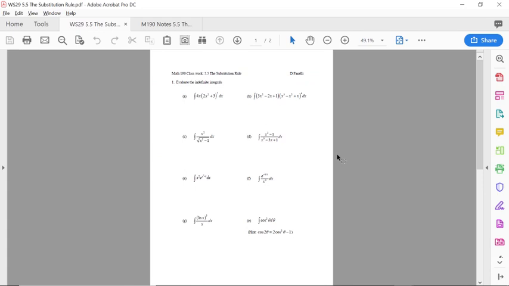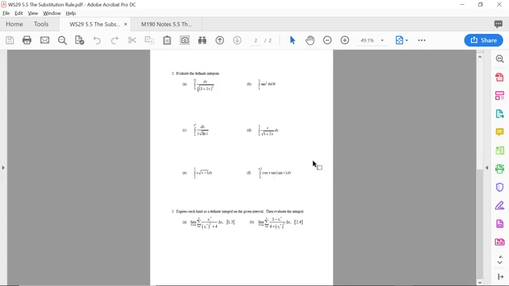Finding ways to algebraically manipulate the integrand so that you can get it set up for performing one or more substitutions in order to get the calculus to work, for finding an antiderivative. Okay, at this point, assuming that antiderivative exists.